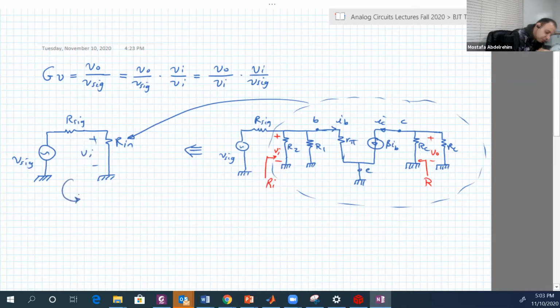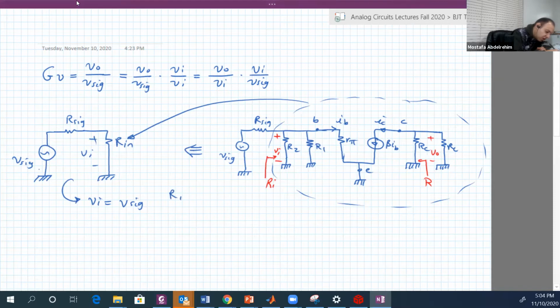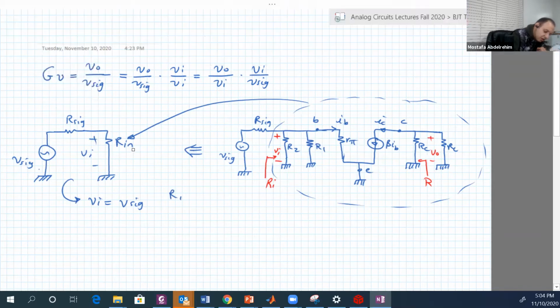So from this, VI is equal to V signal. It's a voltage divider. V signal, our input, or RI. We always use RI, so let's stick to RI, not RIN, although I mean the same.